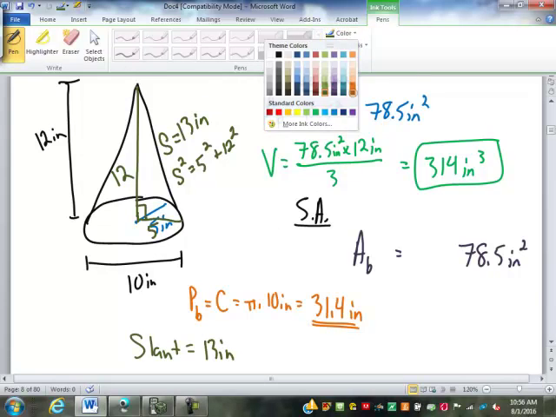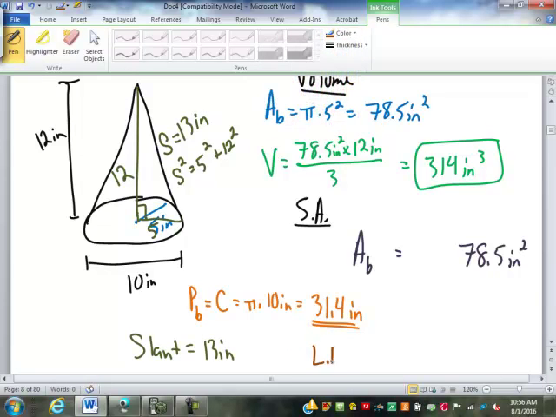So now my lateral area is the perimeter of the base, 31.4 inches, times the slant of 13 inches. Because that forms a triangle, it's divided by 2.